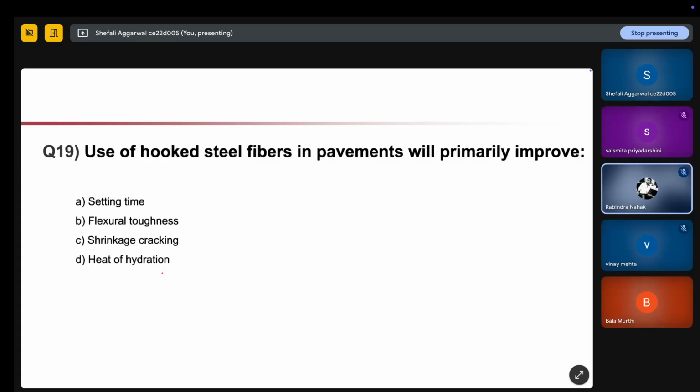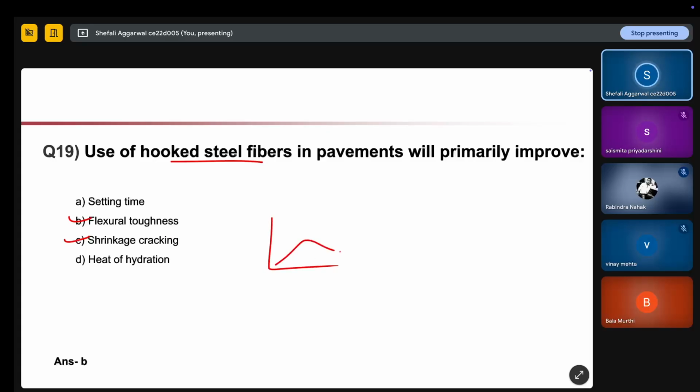Either B or C. So normally if we talk about hooked steel fibers, it will help you to improve your shrinkage cracking as well as your flexural toughness, but primarily it will be affecting your flexural toughness value, because if you remember that curve, mostly it will affect your toughness value.